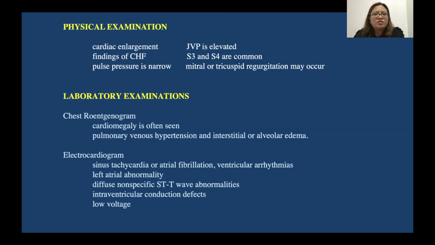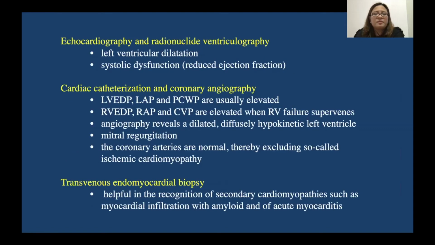In chest X-ray, you will be able to see cardiomegaly and pulmonary venous hypertension, or there is interstitial or alveolar edema. On ECG, these are the findings that you will be able to appreciate. On echo and on ventriculogram, there is LV dilatation and systolic dysfunction.